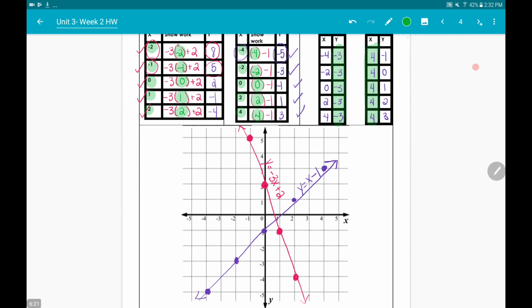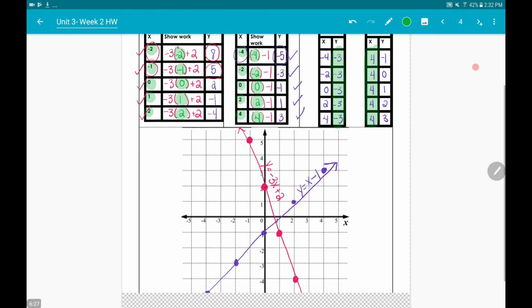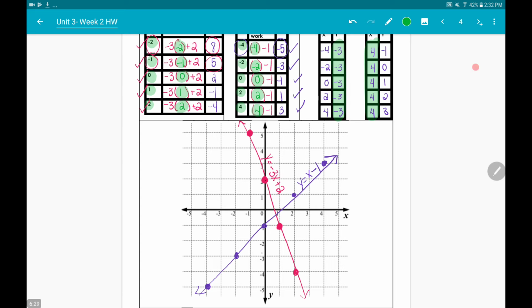So the next 2 are a little bit easier because those are our horizontal and vertical lines. So remember, for y equals negative 3, no matter what my x value is, it's all going to be negative 3. So negative 4, negative 3, negative 2, negative 3, 0, negative 3, 2, and 4. No matter what the x value is, my line is going to go like this. This is my horizontal line. That is y equals negative 3.